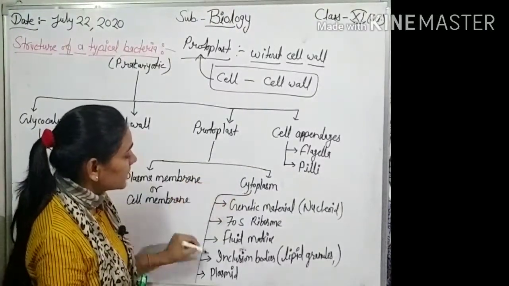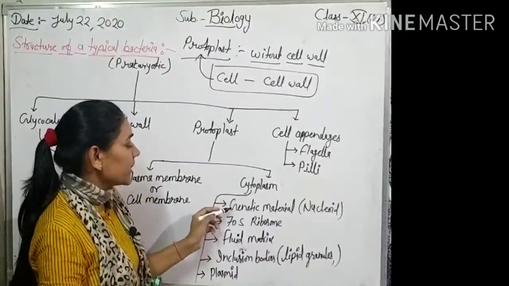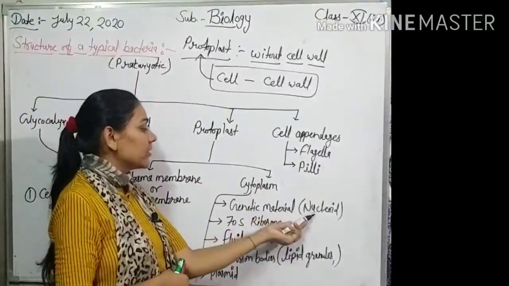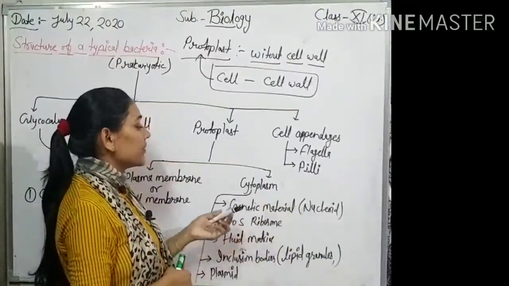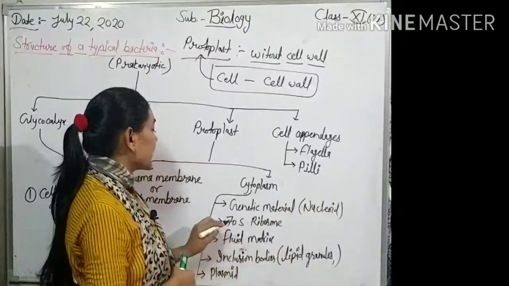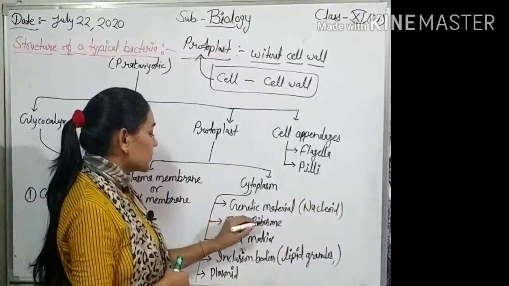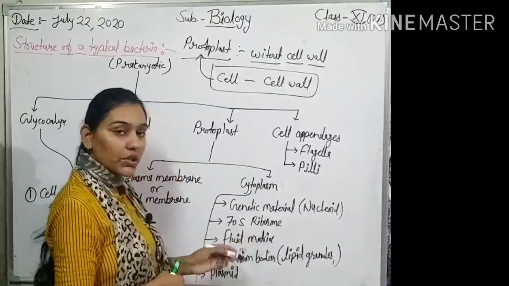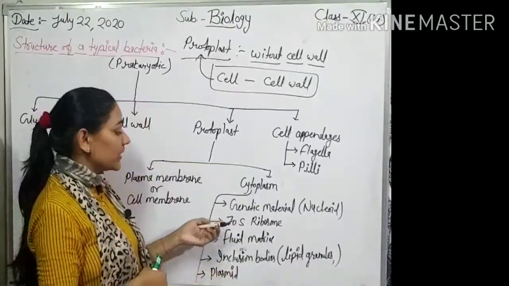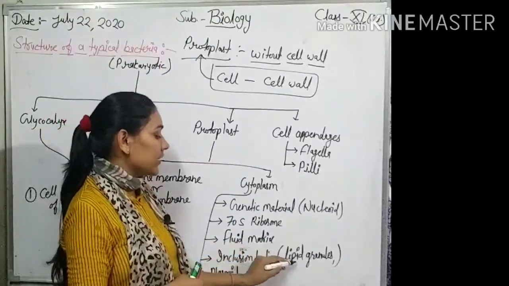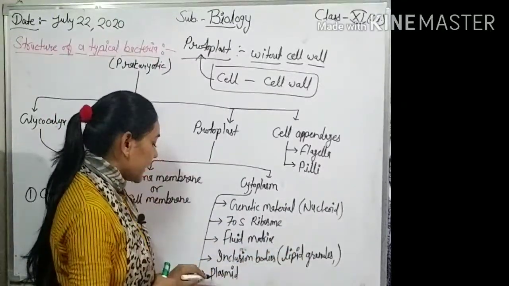It contains the following components: genetic material, meaning nucleus, but in bacteria the nucleus is primitive, so it is called nucleoid or genophore; 70S type of ribosome cell organelles; fluid matrix containing biomolecules like carbohydrates, proteins, lipids; inclusion bodies like lipid granules; and plasmid.